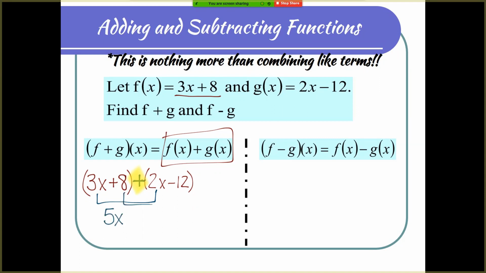And then 8 minus 12 is negative 4. So here my final answer for f plus g of x would be 5x minus 4.